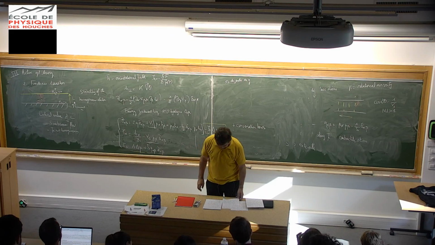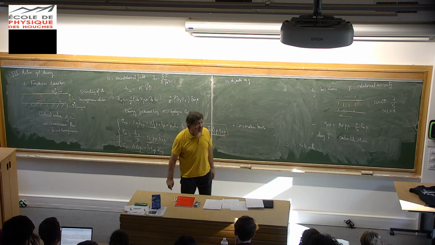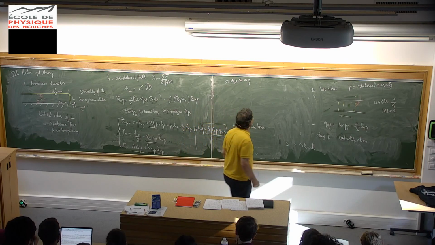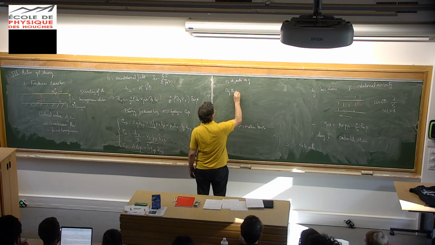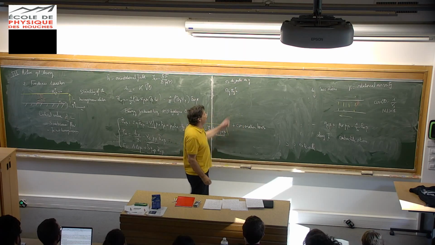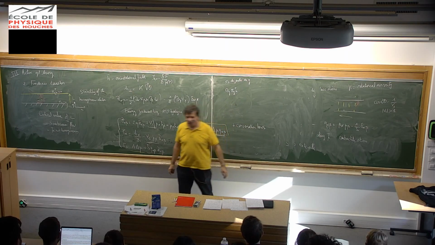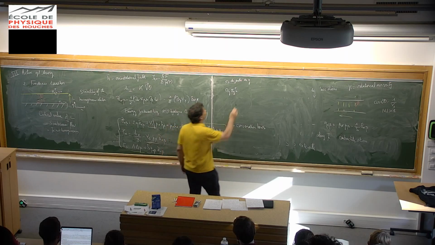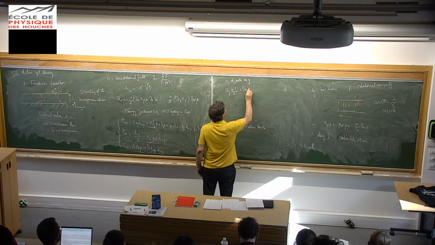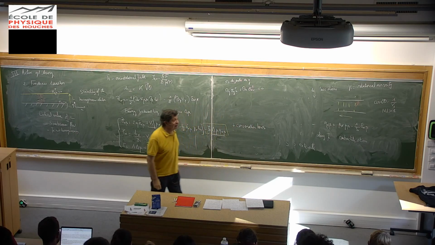Now the force balance equation becomes very simple. It's dy sigma yx. So sigma yx is the force in the x direction on the surface perpendicular to y, plus dx sigma xx equals 0.